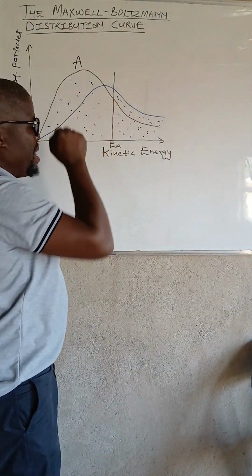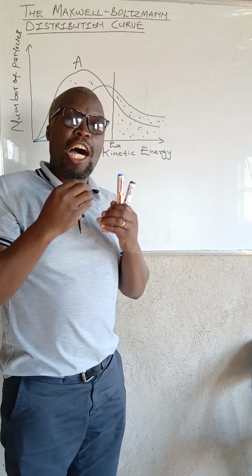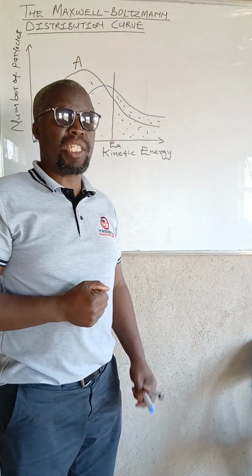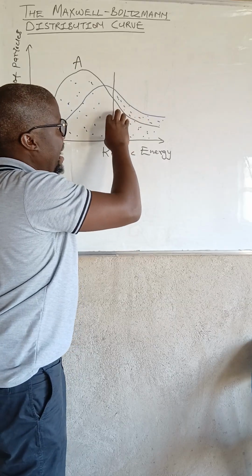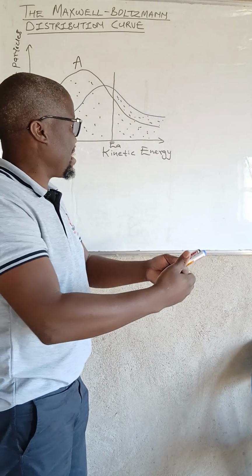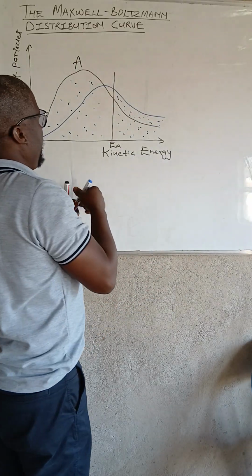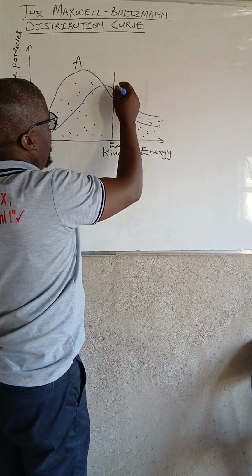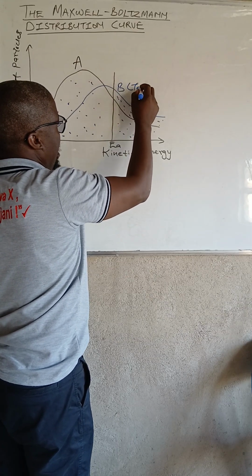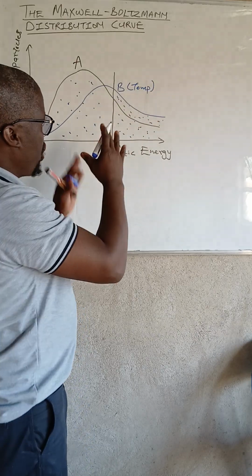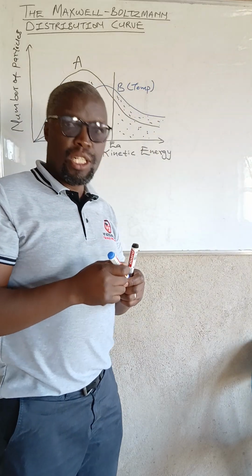The number of particles which do not have enough kinetic energy to give effective collisions decreases, whereas the number in that region increases. Let's label this curve B. Let me just indicate that this curve has got to do with the change in temperature.